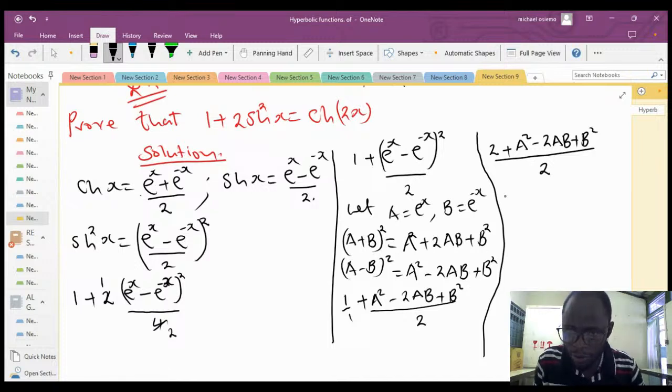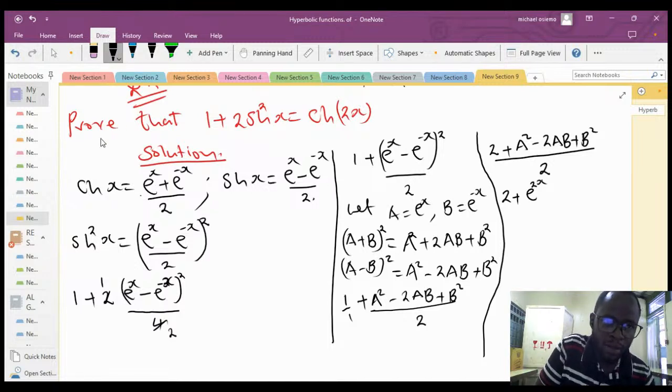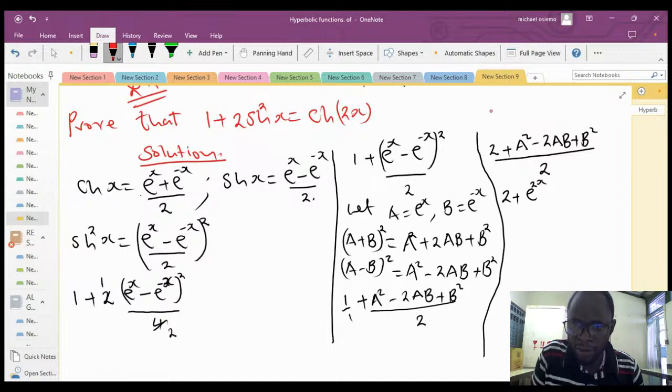So we're going to have 2 plus, now a squared, if a is equal to exponential x, then a squared is exponential 2x, because we multiply the powers. From indices, we multiply the powers, so you get exponential 2x.